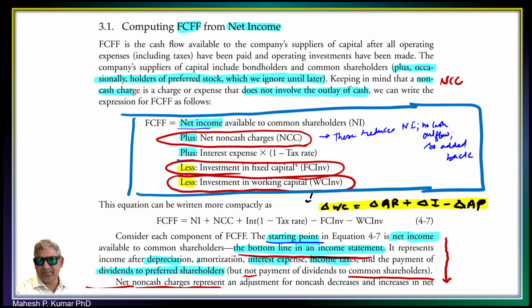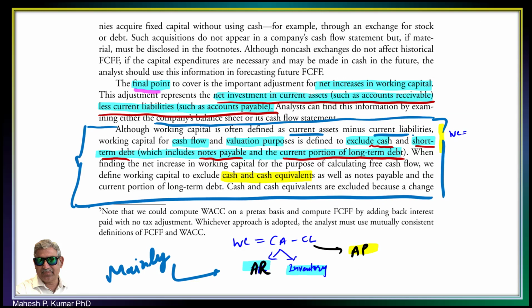But it has to be understood here that when we define working capital, normally we say working capital is current assets minus current liabilities. But when we are talking of cash flow for valuation purposes, at that time working capital is still current assets minus current liabilities, yes, but here we exclude cash from the current assets, as well as cash equivalents.